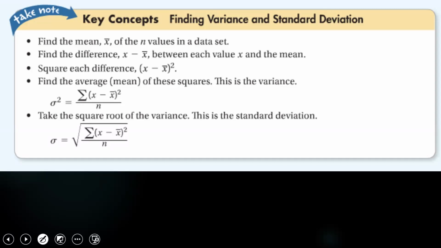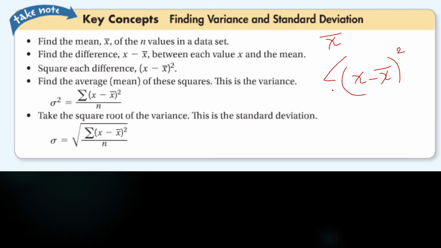Here now, the first step is to find the mean, or the x bar. After you find the x bar, you have to subtract, or find the difference between each value and the mean. Then we will square each difference. Then we will find the summation of all these squared differences from the mean.